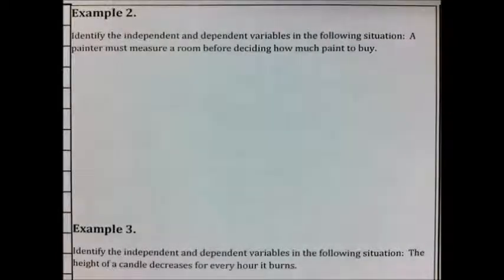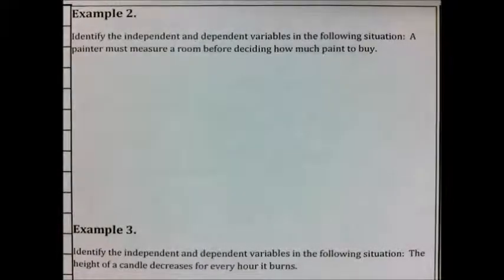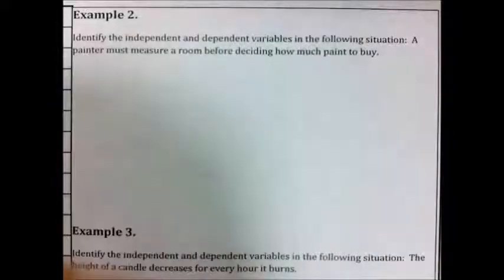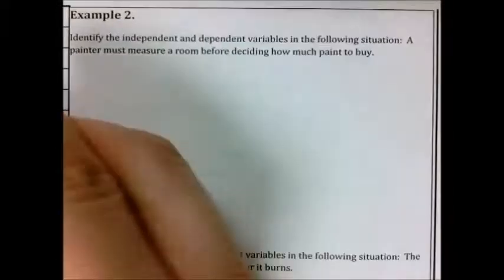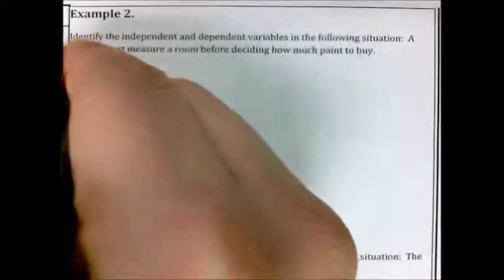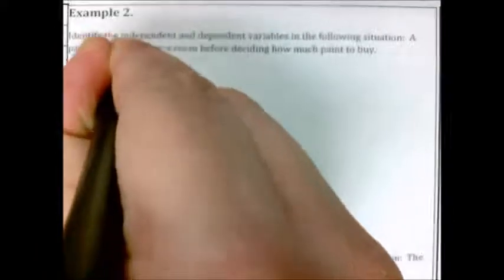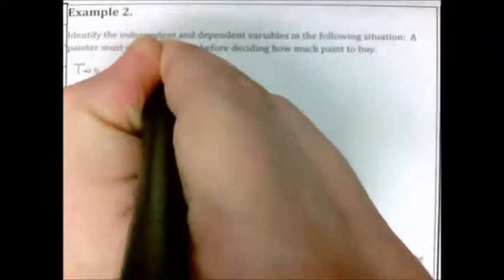Example 2: we're supposed to identify the independent and dependent variables in the following situation. The situation is a painter must measure a room before deciding how much paint to buy. So we're going to write down those two unknowns.